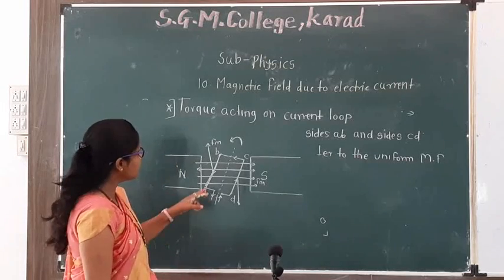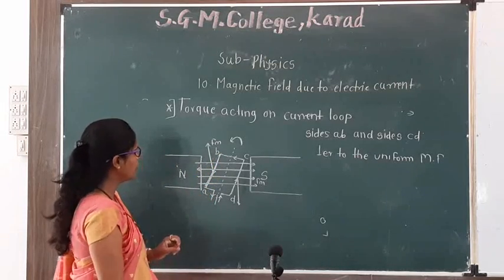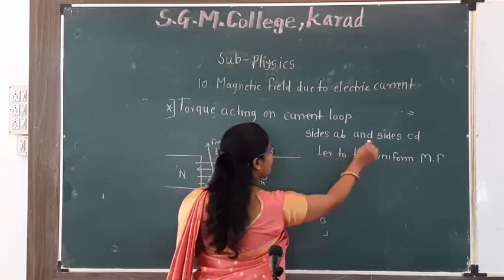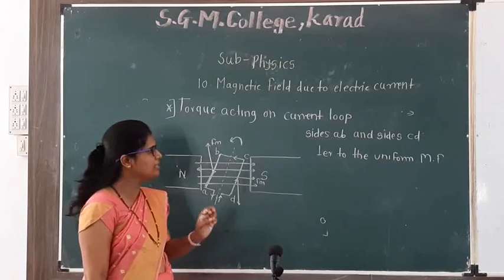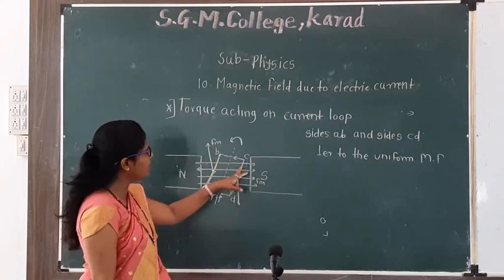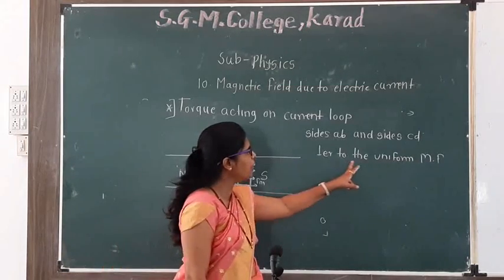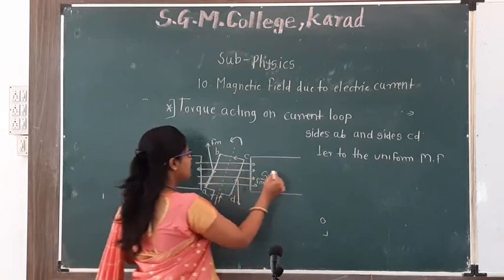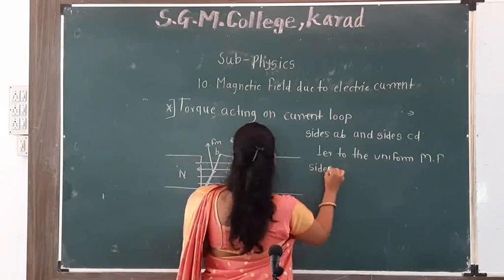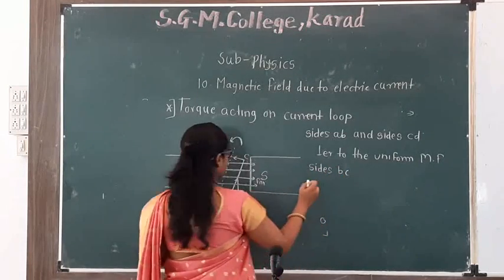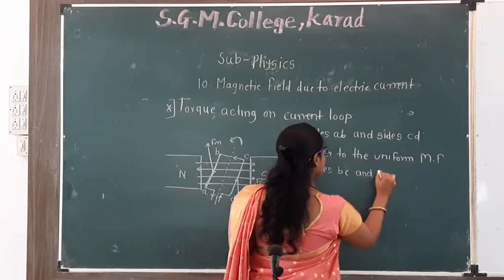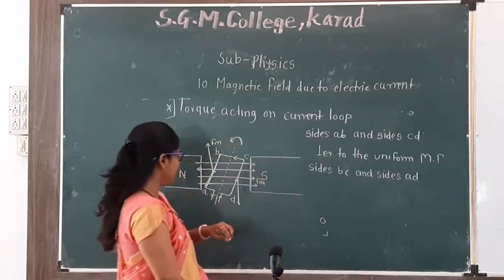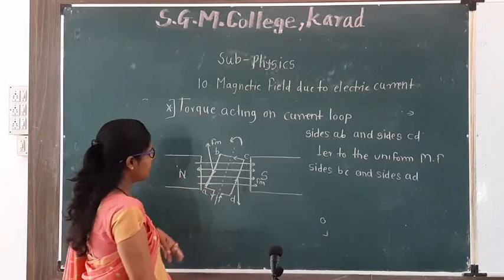The sides AB and CD are perpendicular to the uniform magnetic field, but the sides BC and AD are not.